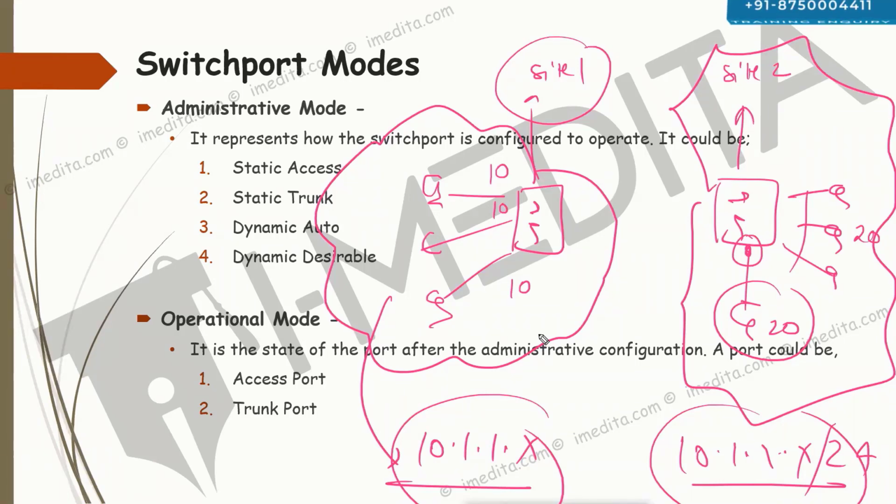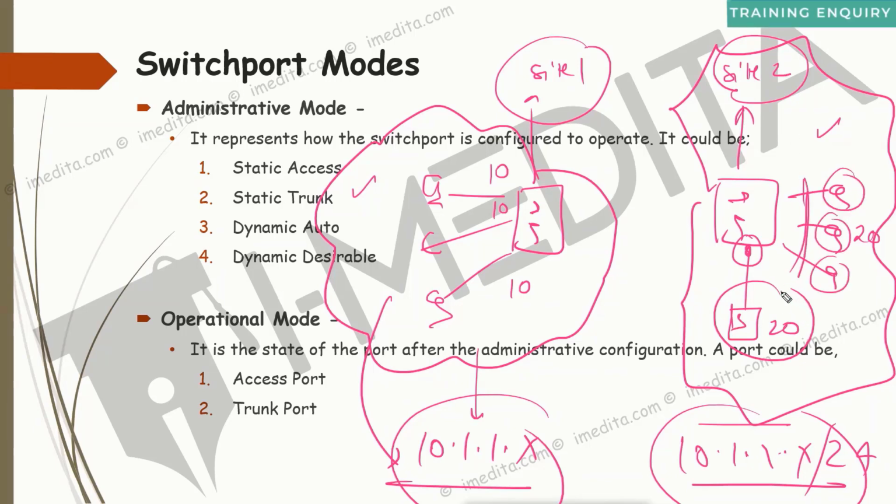There are users in site A. There are users in site B. Users in site A belong to VLAN 10, configured with the subnet. There are users in site 2 that belong to VLAN 20 in this subnet. There is a server that is accessible to everyone in site 2 because it also belongs to the same VLAN.